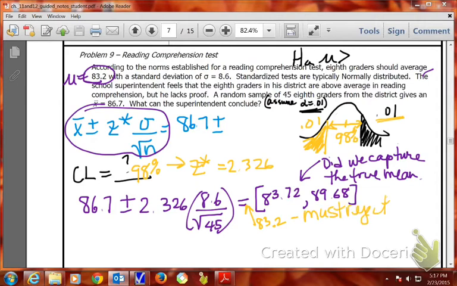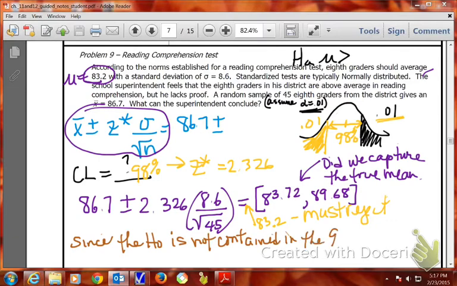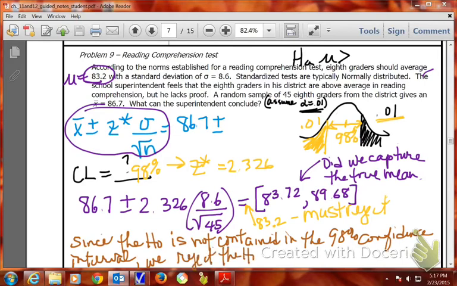And this time the conclusion is going to look, again, slightly different. And we can say, since our H0 is not contained in our interval, we reject the null.